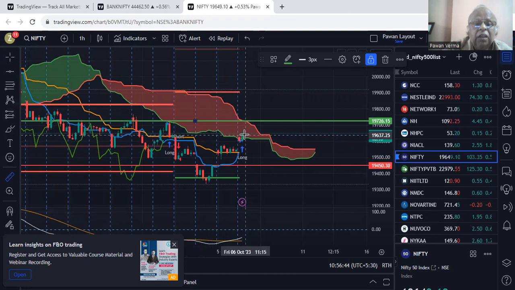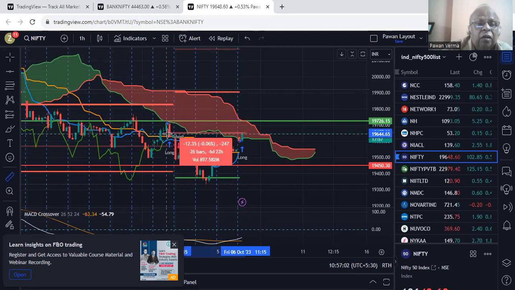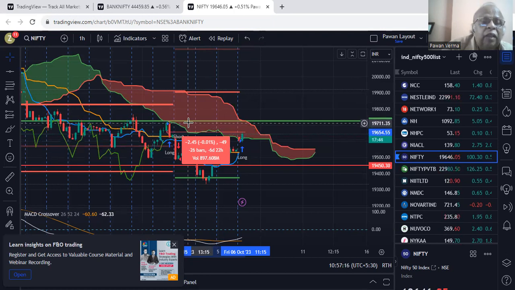This is the 11:15 candle, and from here, if we again see 26 periods back, friends, the close of this particular candle is what we are expecting.